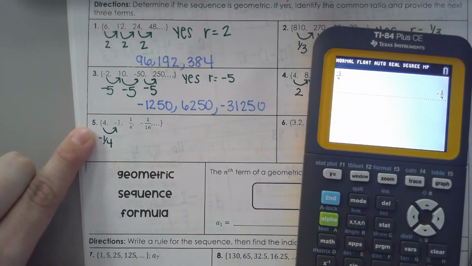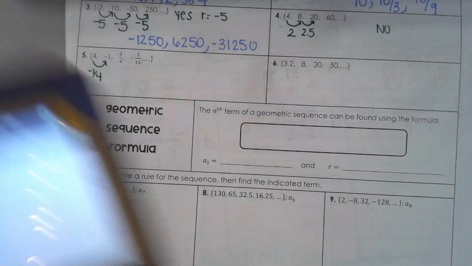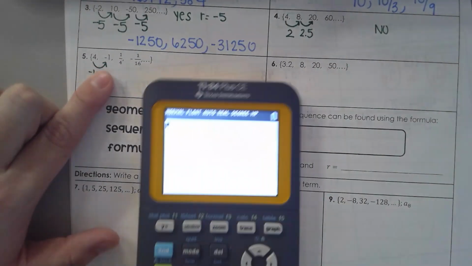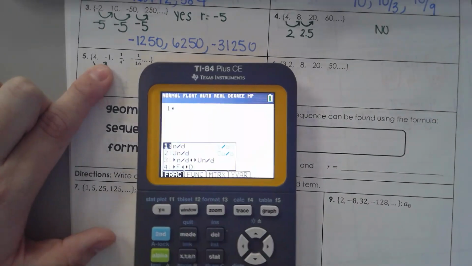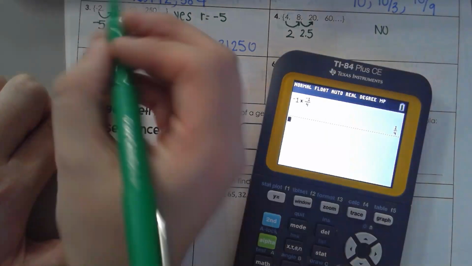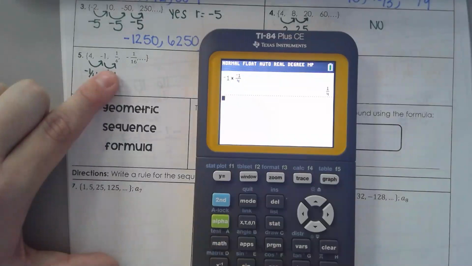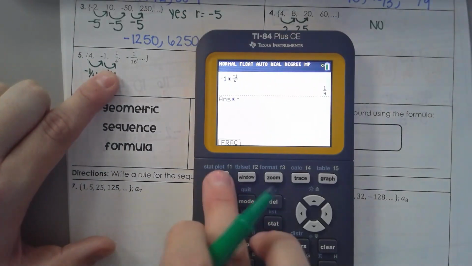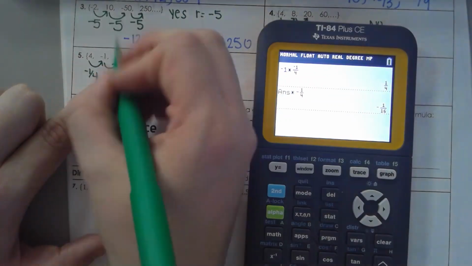Okay, I missed number 4 because number 4 is no. This one is negative. All right. -1/4. So let's just see if that pattern continues. -1 times -1/4. Yes, it's +1/4. Times -1/4. Yep, it is.